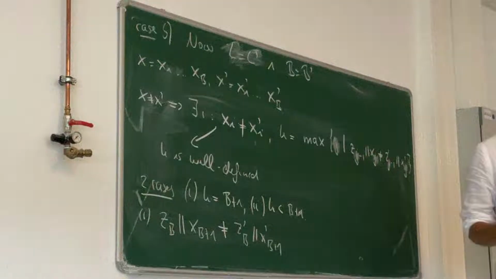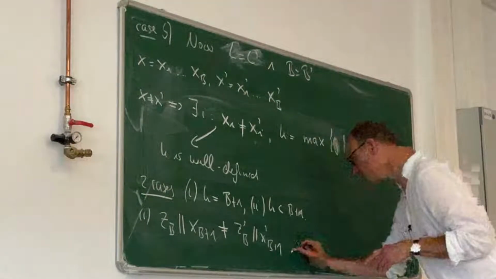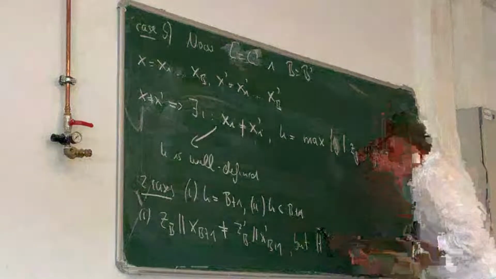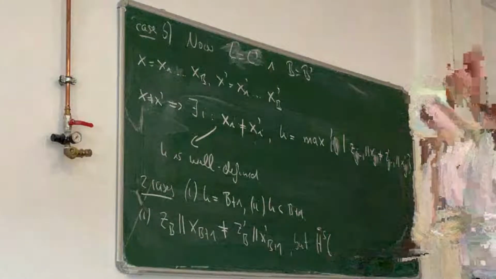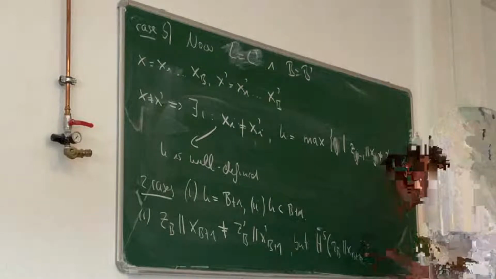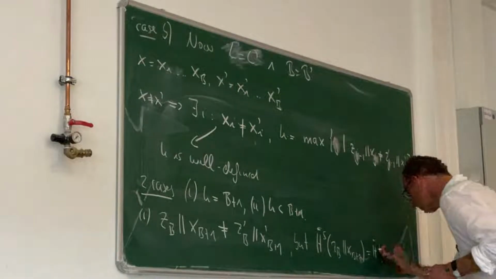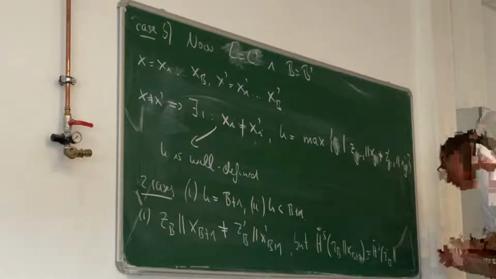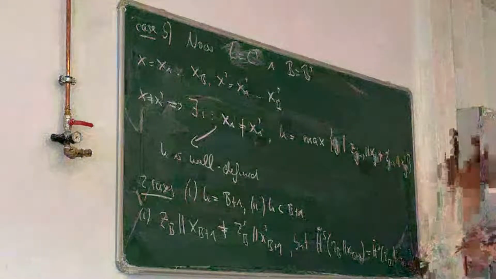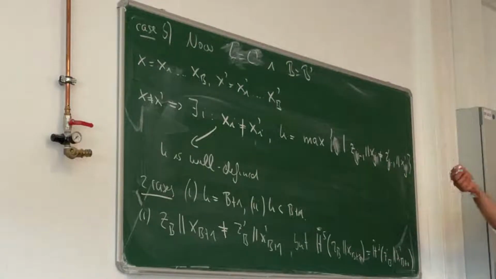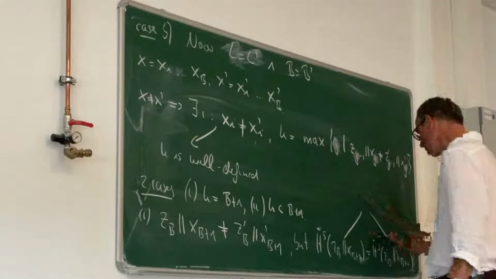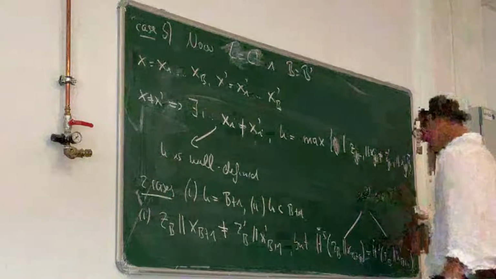But because we assume a collision, we have that h bar of s, z_b concatenated x_{b+1} is equal to h bar of s, z prime_b concatenated x prime_{b+1}, because this is the last hash value, the hash value for x and x prime. So this is a collision in pi bar.